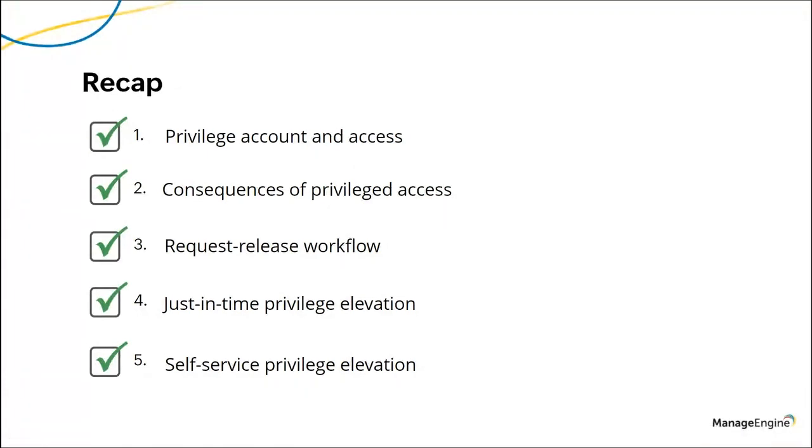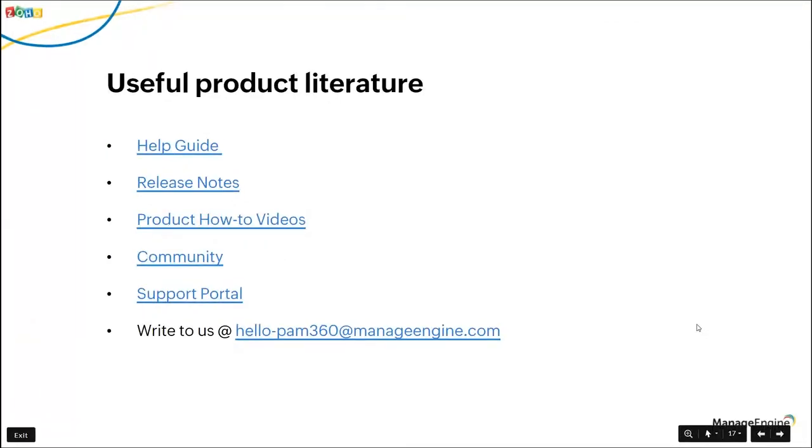And then we have seen just-in-time privilege elevation for both domain accounts as well as local accounts. Then self-service privilege elevation for elevating a certain application for a certain amount of time, right? So that brings us to the end of the masterclass.